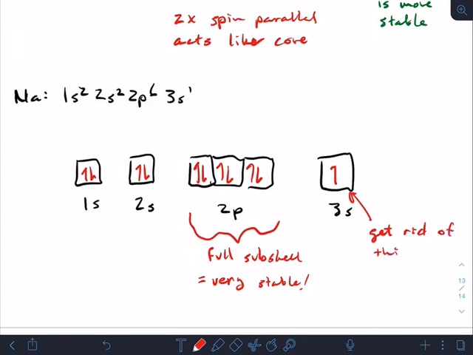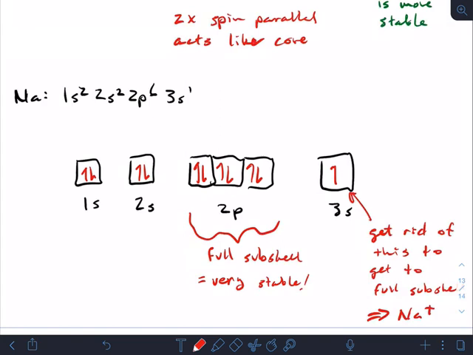So if I get rid of this guy, I can get to a full subshell, making that sodium plus. And guess what? Now it has the same electron configuration as a noble gas.